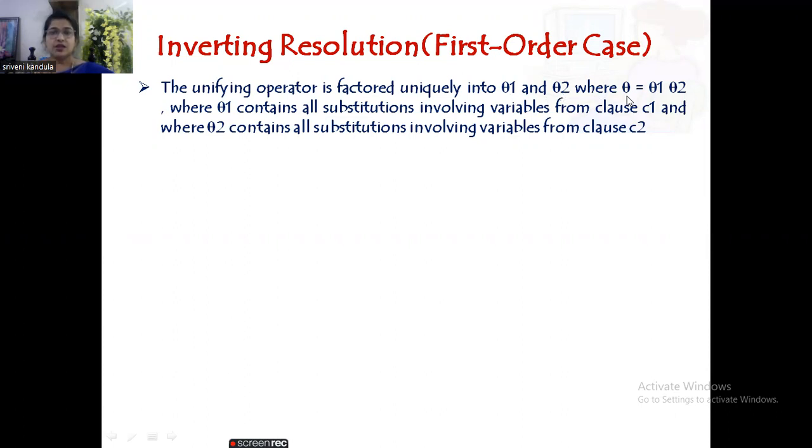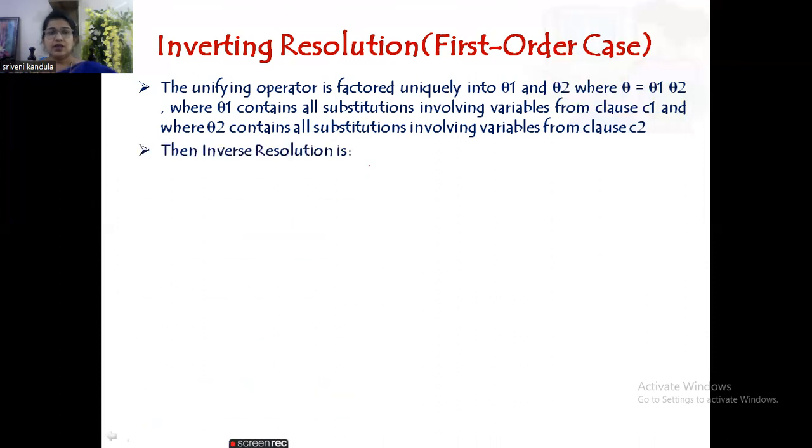Okay, so theta is a concatenation of these two. Theta 1 contains all substitutions involving variables from clause C1 and theta 2 contains all substitutions involving variables from clause C2. So far, we have taken the same substitution whether the variable is occurring in clause C1 or clause C2. But here we are taking differently for C1 and C2.